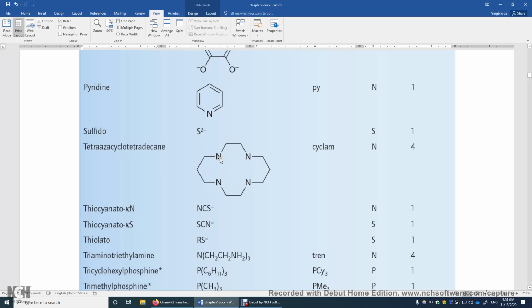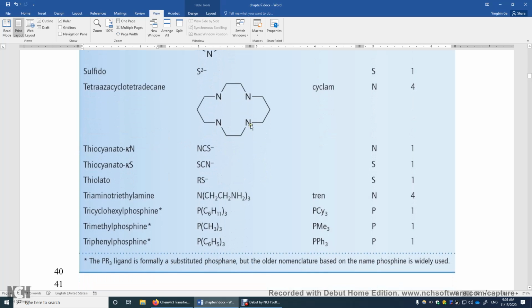So the positions are 1, 2, 3, 4, 5, 6, 7, 8, 9, 10, 11, 12, 13, 14. Alright, so a 14-membered ring, and the positions 1, 4, 8, 11. So supposedly you should specify the positions here. These 4 nitrogens can form 4 bonds with a transition metal, either in the ring or above the ring.